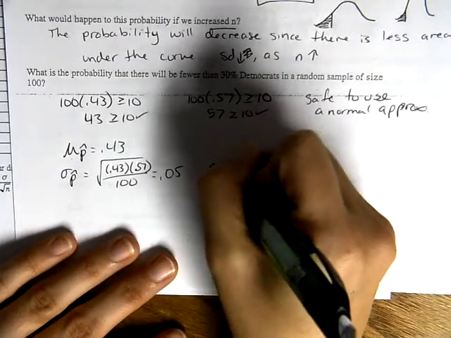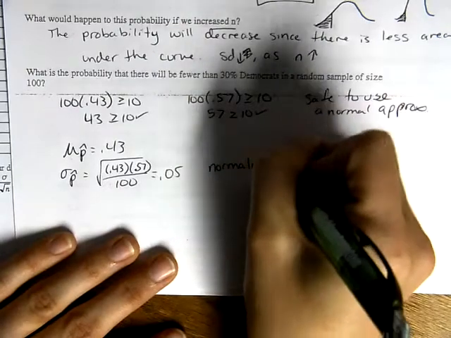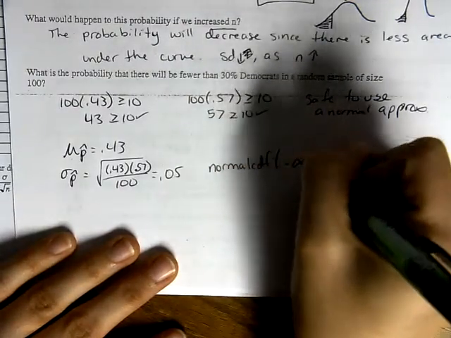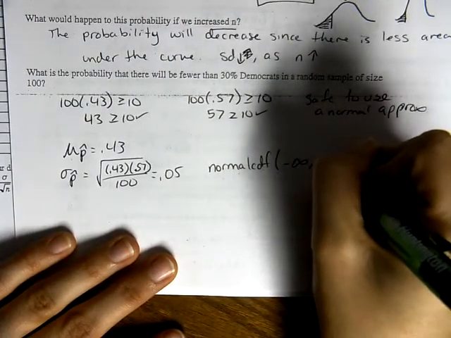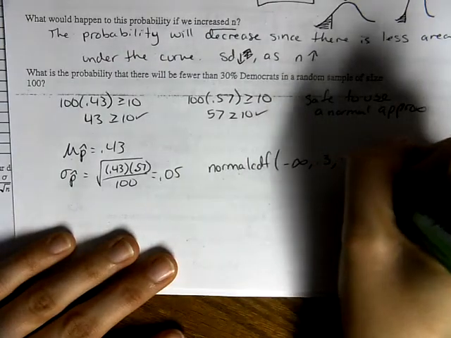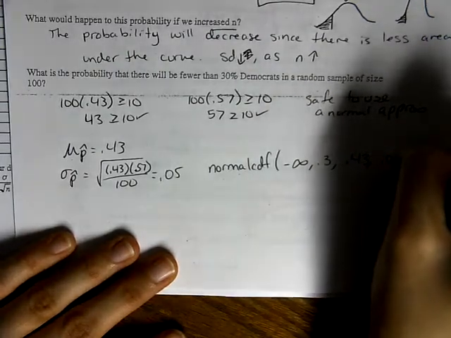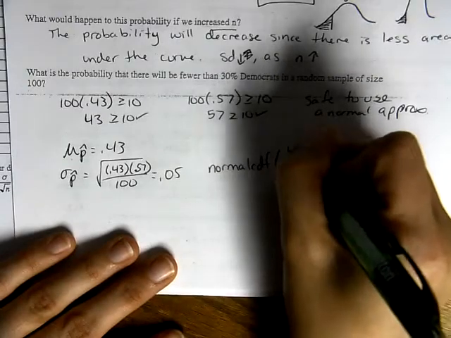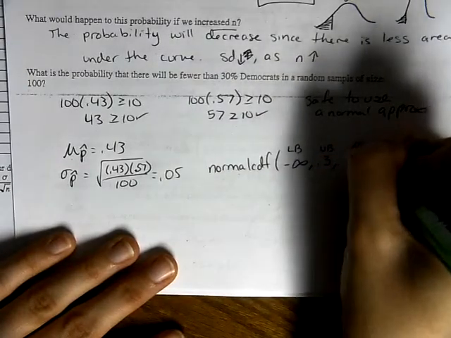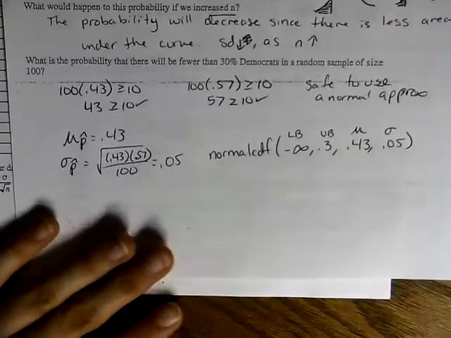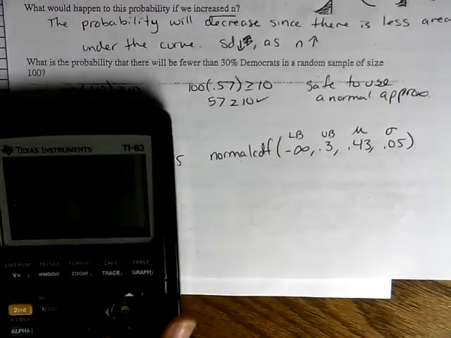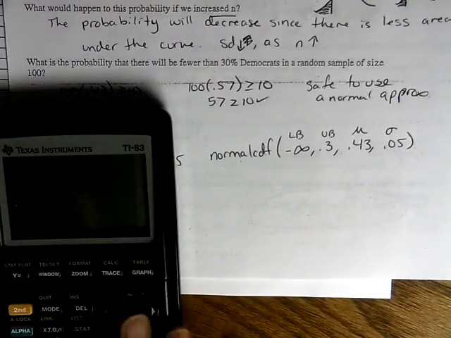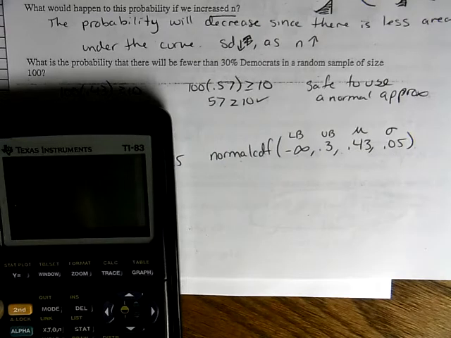So, normal CDF, negative infinity to 0.3, 0.43, 0.05. So lower bound, upper bound, mean, sigma. So negative a bunch of 9s, 0.3, 0.43, 0.05.